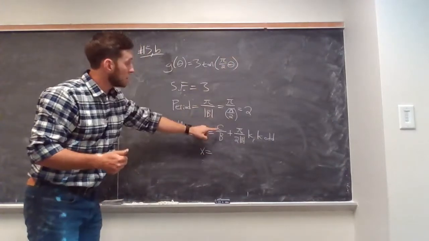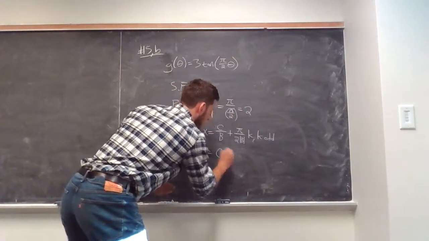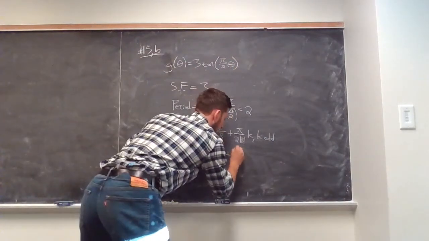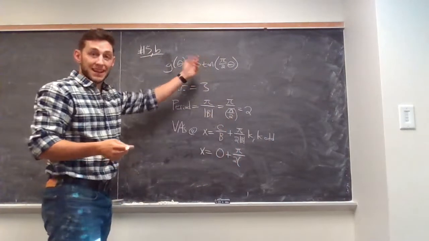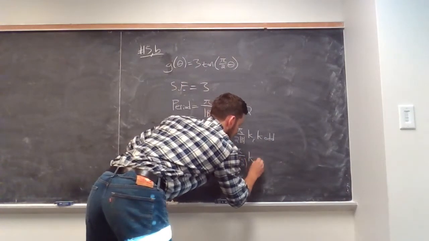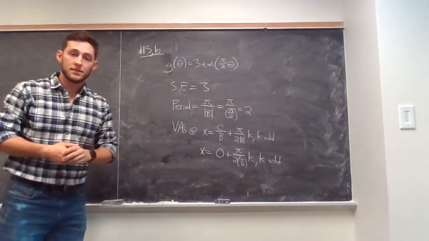So we have 0 divided by pi over 2, which is just 0, plus pi over 2 times B. So pi over 2 times, well, the absolute value of B, but that's just pi over 2, times K, where K is odd.